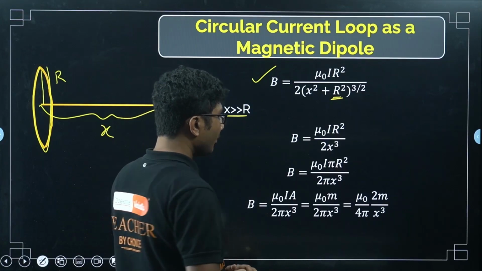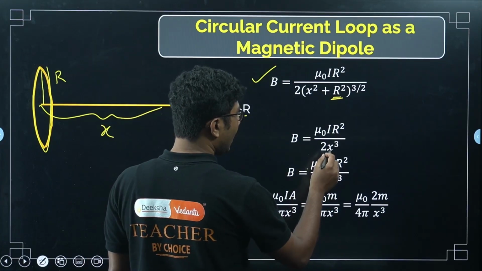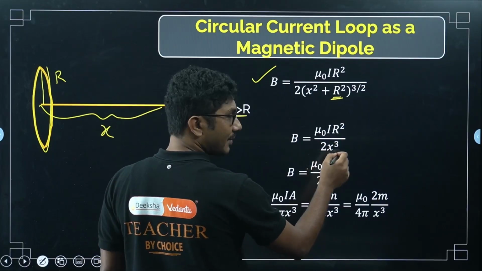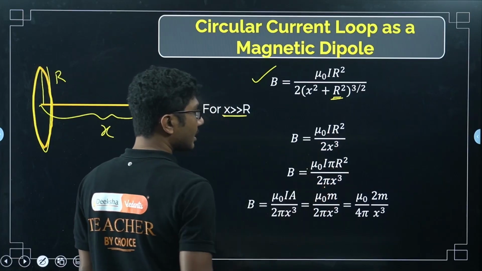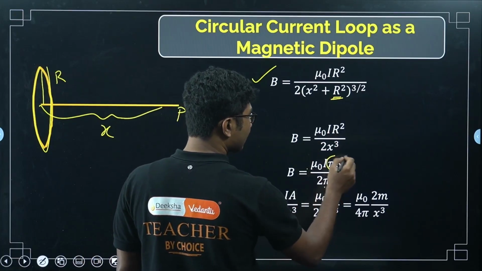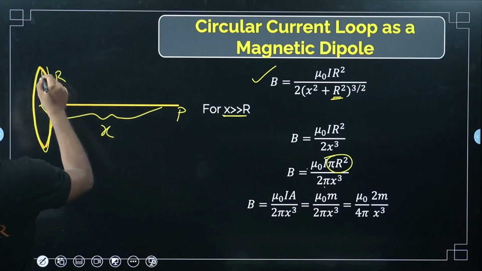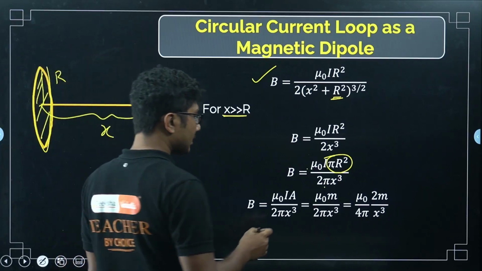So we can simplify this as mu naught times I r square divided by 2x cube. Now let us multiply pi in the numerator as well as the denominator. This r square is basically area, the area of this circle or loop, so pi r square is the area.